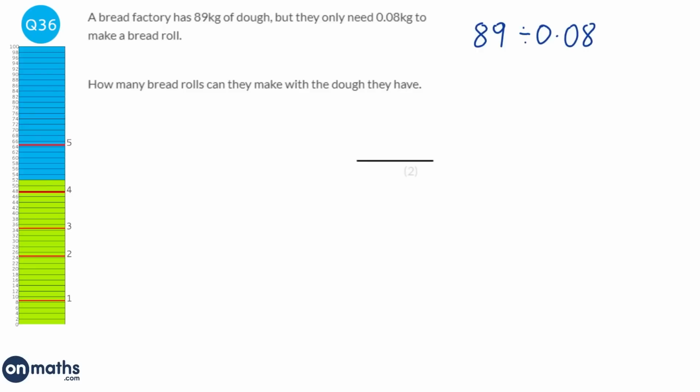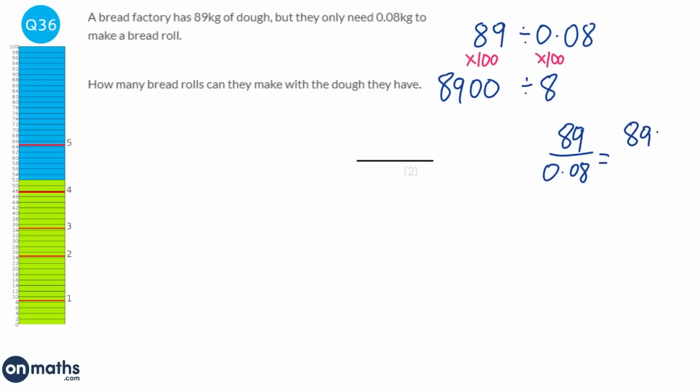In this case, we're going to multiply both by 100 because it will make the division a lot easier, because it will make this right hand side, instead of 0.08, it will just make it 8. The reason we can do that is 89 divided by 0.08 is the same as 89 over 0.08. And as a fraction, we can just times top and bottom by 100. So it would be this over 8.